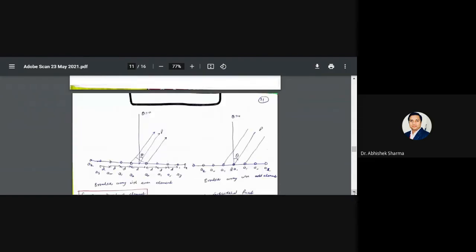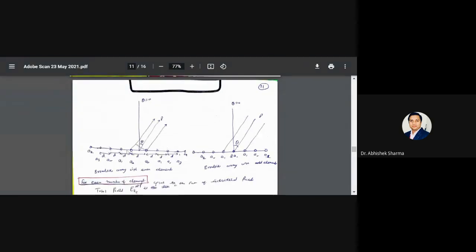Now these are the even number of elements: 1, 2, 3, 4, 5, 6, 7, 8, 9 and 10. And this is 1, 2, 3, 4, 5, 6, 7, 8. Oh, I have taken it wrong, sorry. This is 1, 2, 3, 4, 5, 6 and 7.